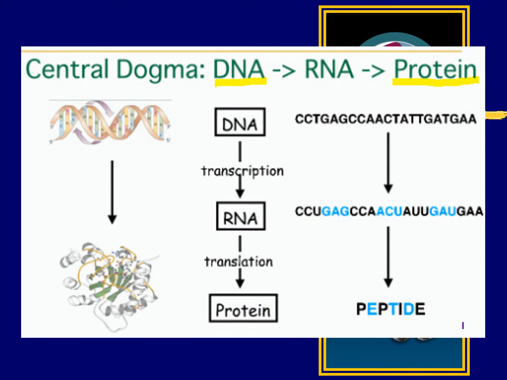And that is where your RNA molecules, mRNA, tRNA, and rRNA come into play. So mRNA, tRNA, and rRNA essentially are a middleman between DNA, which has the code to make a protein, and the protein itself.